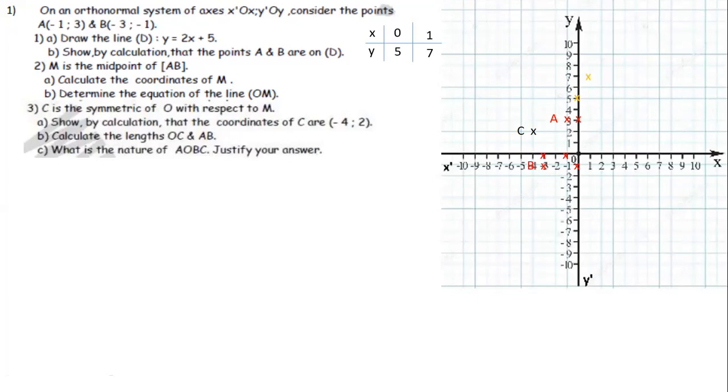So after locating these points of the table, I bring the ruler and we join these two points together to get the straight line D. So now we get what we want to draw, which is straight line D.